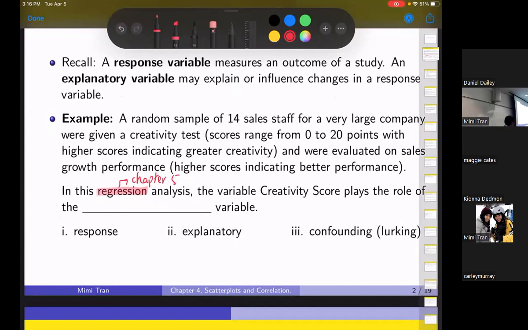Which one? What do you use to predict what? The question you asked, and the response is the outcome. Explanatory is something that I use to explain something else.